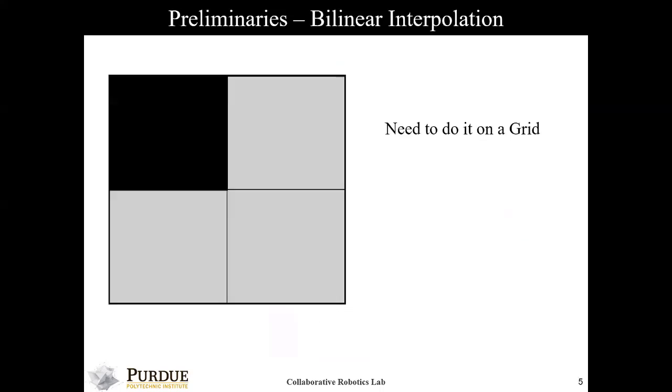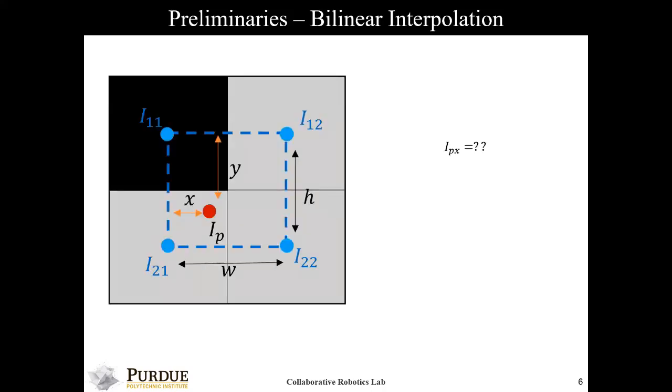Now, we can do the same thing on a grid, just like our evidence grid, with bilinear interpolation. That means you need to do it both in X and Y, and we're going to do the exact same thing, but we're just going to have to do it twice. So it's a little bit more complex, but not too bad. You can imagine you have these 4 grid points, and this could be 140 and 150.